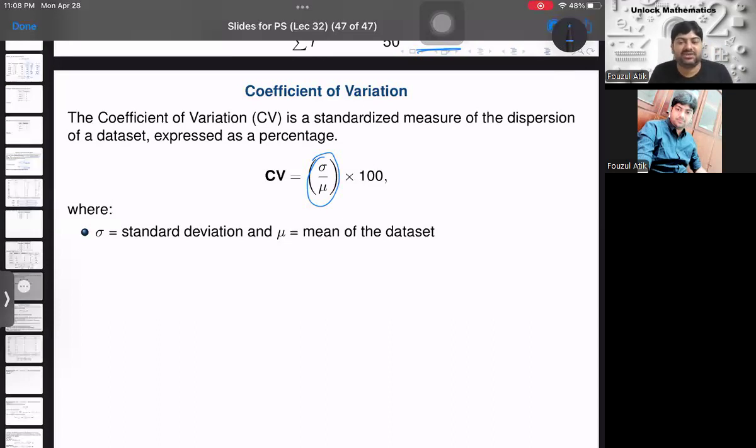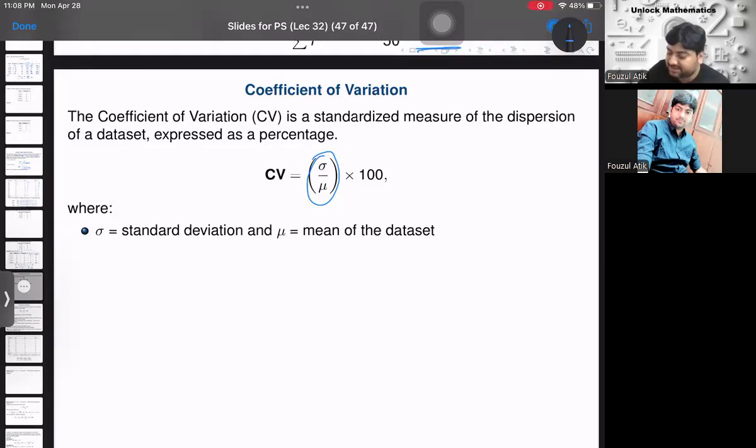Now it has some significance. It is the ratio between two parameters, sigma and mu, which are of the same unit. So if you take the ratio, CV is actually unitless.